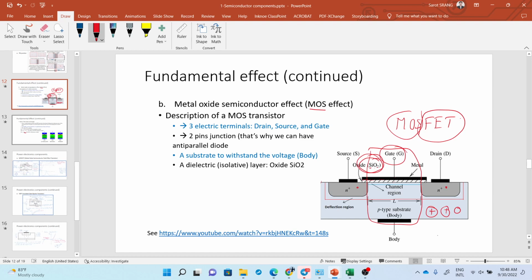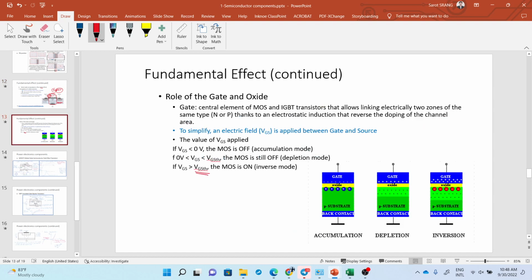So when you supply voltage here, this is oxide.